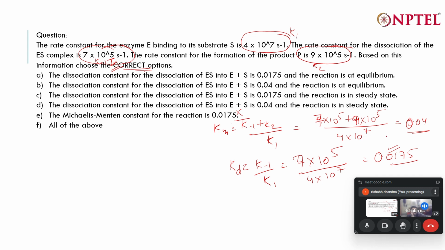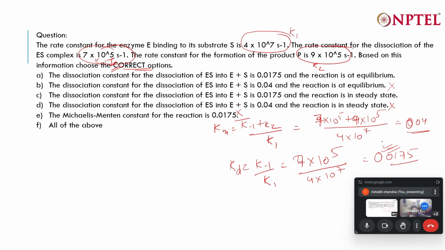Although the reaction is in steady state, as we have considered, all the options that have Kd as 0.04 will definitely go wrong, because in this case the Kd comes out to be 0.0175. So the dissociation constant is 0.04 and this, so these two statements are also incorrect in that case.